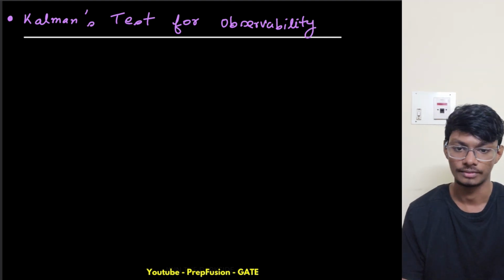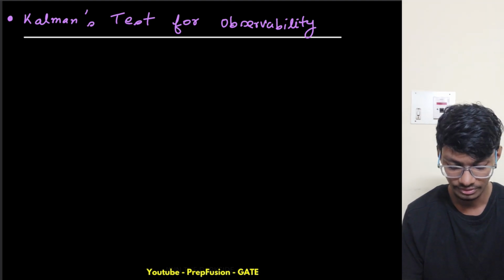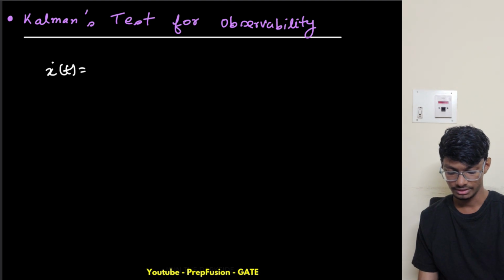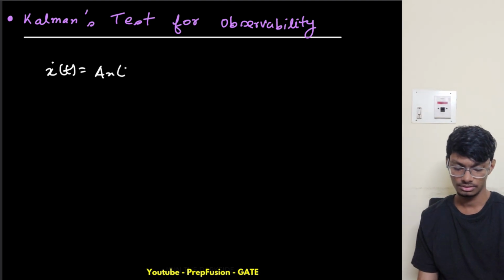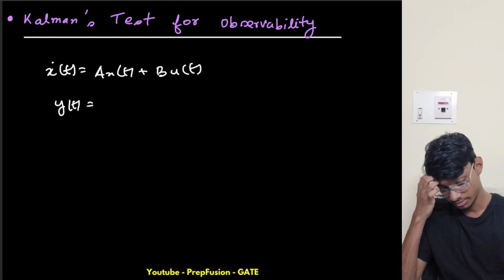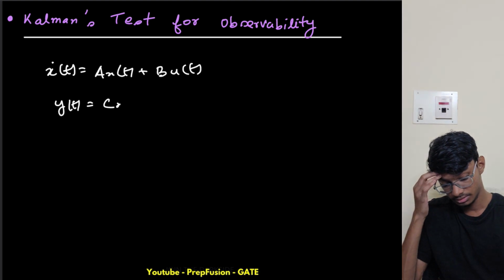Again, we write the state equations. My state equations are x dot of t equals a x of t plus b u of t. Now what is my y of t? Y of t is c x of t.